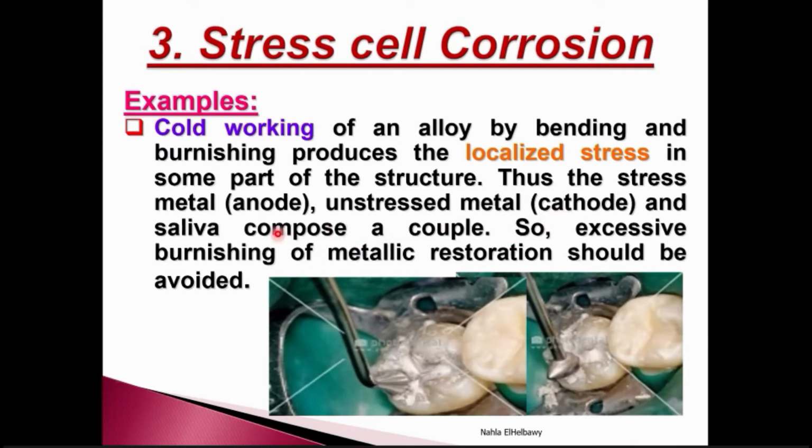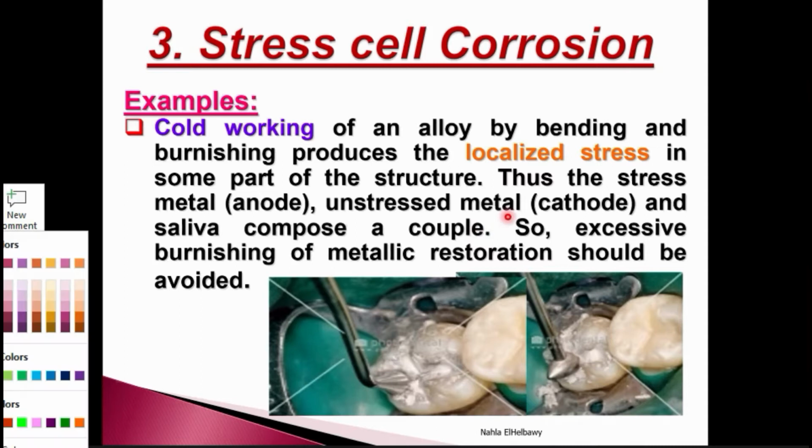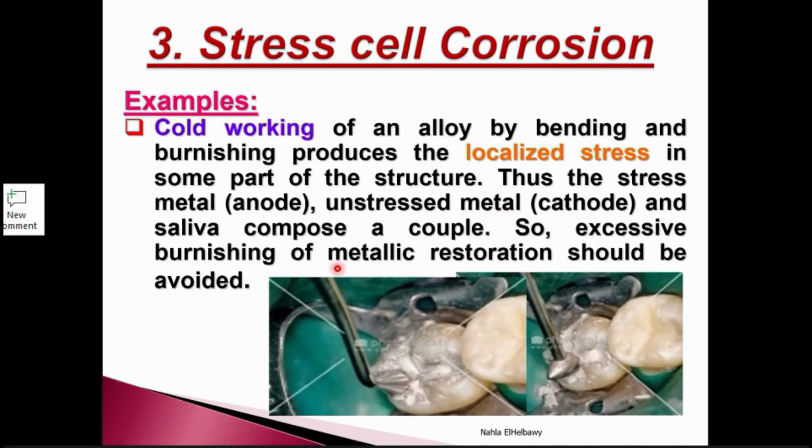So current will flow from cathode to anode in the presence of saliva. Due to formation of this electric potential, there will be corrosion. So we should avoid excessive burnishing or excessive bending of metallic structures.